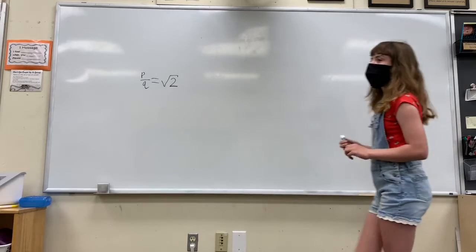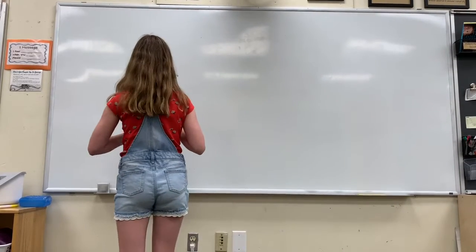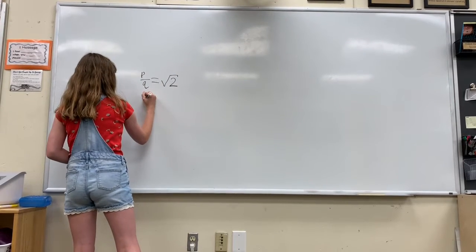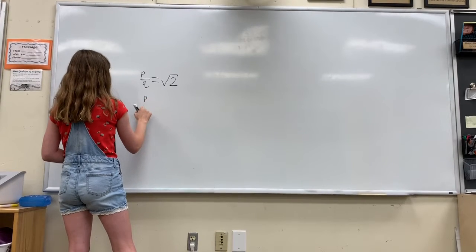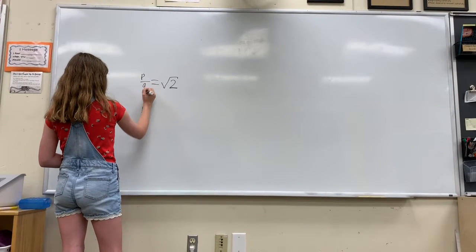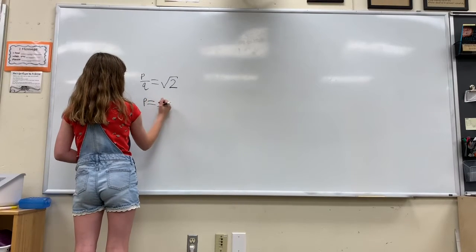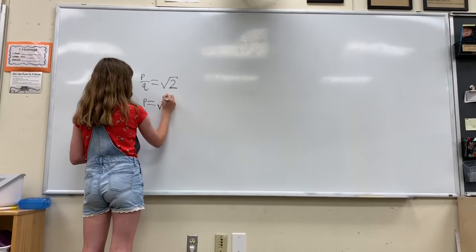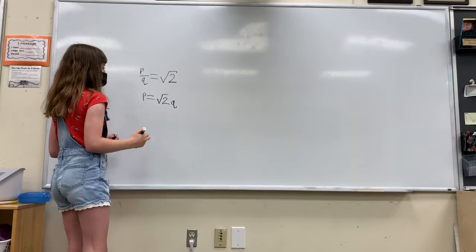So, since we can't have any fractions in this, we should multiply both sides by q. So, p over, that cancels out the q and puts the other side of the problem as square root of 2 times q.